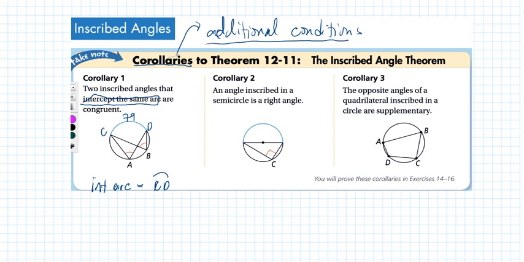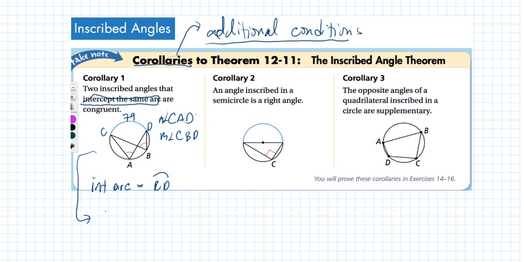What is the size of angle CAD? Can you tell me the measurement of angle CAD and the measurement of angle CBD? Two angles. It's going to be the same rule as before.